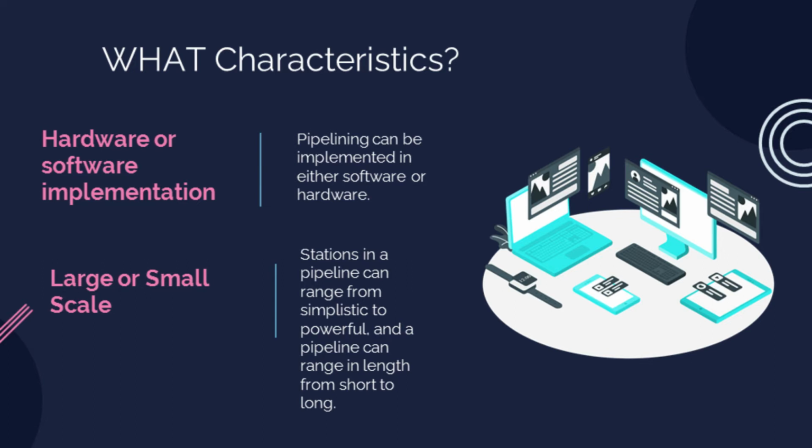There are a few characteristics of pipelining. First, hardware or software implementation. Pipelining can be implemented in either software or hardware, large or small scale. Stations in a pipeline can range from simplistic to powerful, and a pipeline can range in length from short to long.